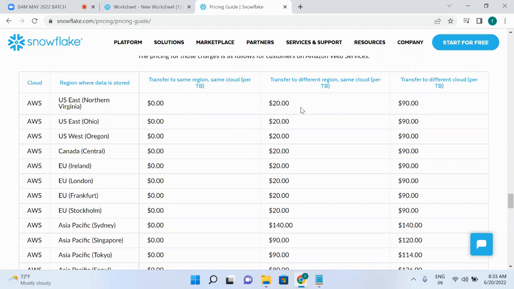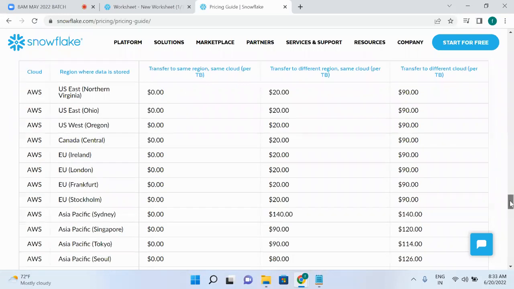If you are moving from one country to another country, it will be a transfer from one cloud to another cloud, so there will be these charges. These are the data transfer charges. Within the region, within the state, no charges. State to other state, there will be charges. Country to other country, there will be charges. Same way, region to region, and one cloud provider to another cloud provider.